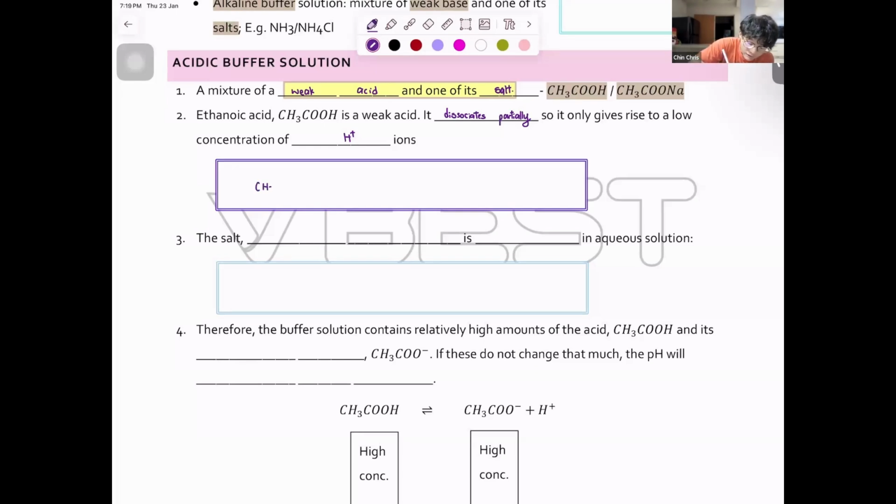Example, I have ethanoic acid, and when it dissociates, just partially, it gives CH3COO- and H+. All good.